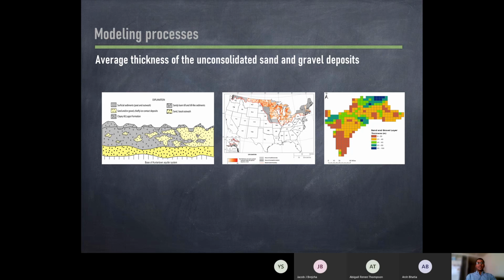Why do I need that? Because that specific layer is going to hold the groundwater, right? So that's why it is important to know how thick or thin the layer is, right? So that's the first part done.